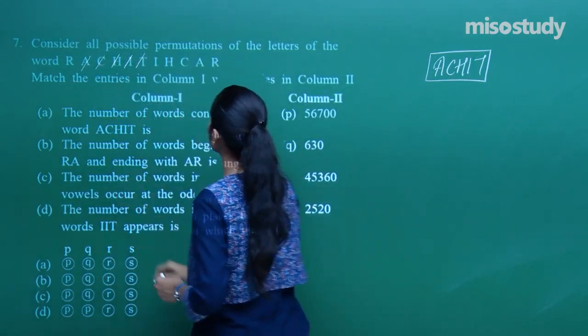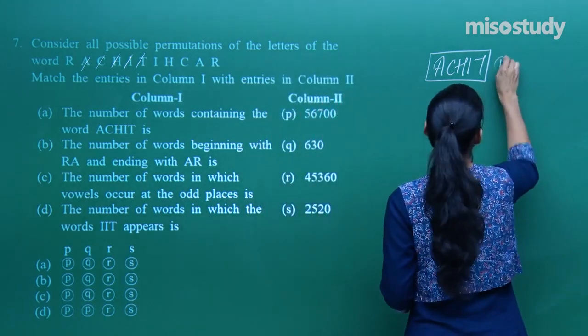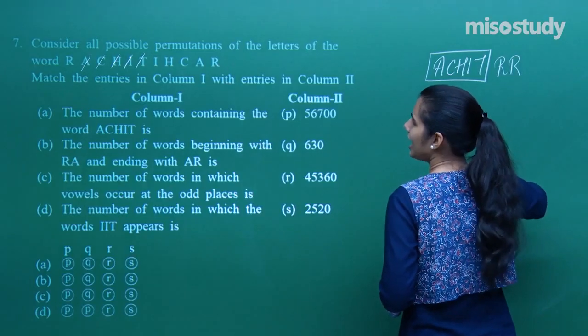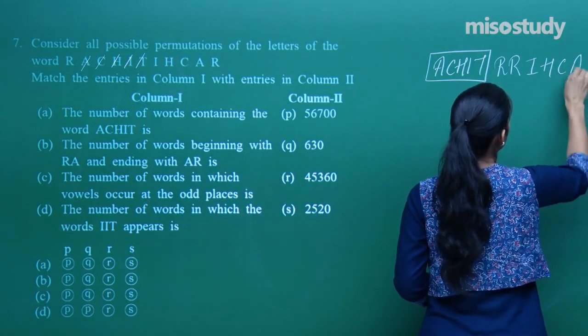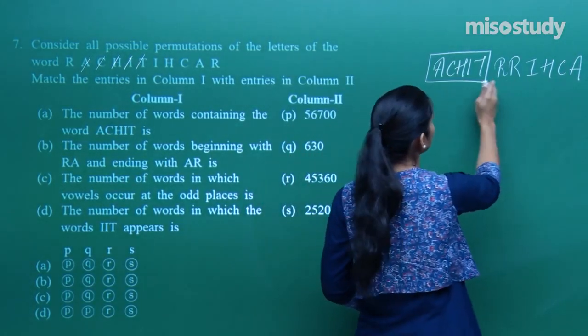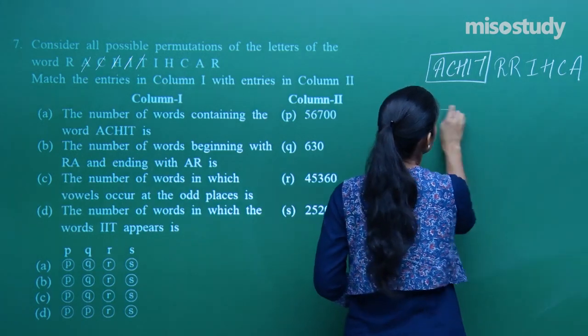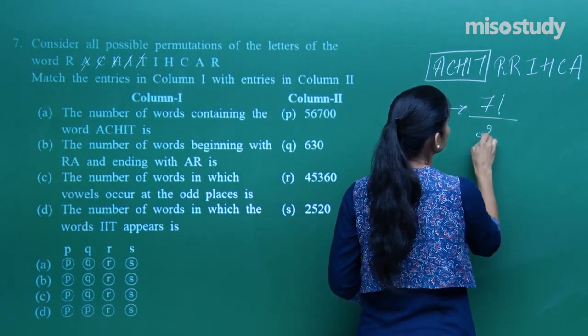ACHIT I have removed. I'm left with R, 2 R's I'm left with, and IHCA. So basically there are 7 letters which I need to permute. 1, 2, 3, 4, 5, 6, 7. Ways are 7 factorial upon, because of this repetition, 2 factorial.